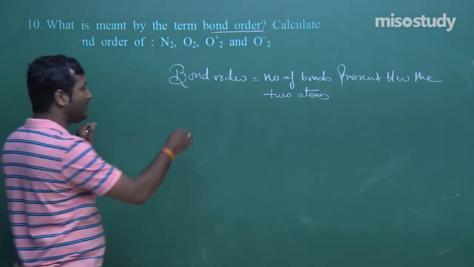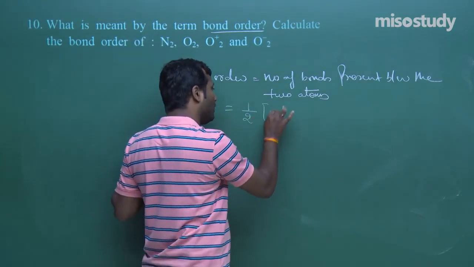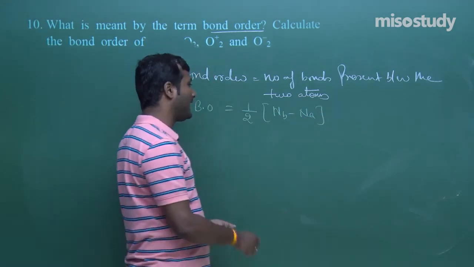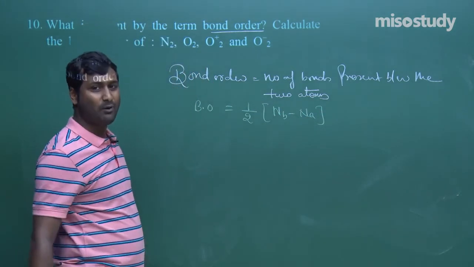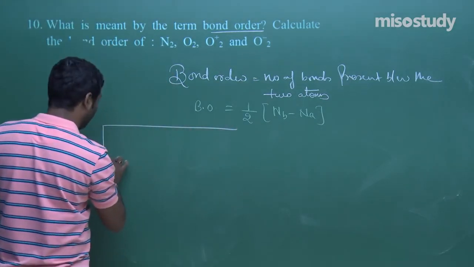As I told you, the formula, if I use molecular orbital theory, bond order is equal to 1 by 2 (Nb minus Na), number of bonding electrons minus number of anti-bonding electrons. But I have given you a short trick also. Remember this?